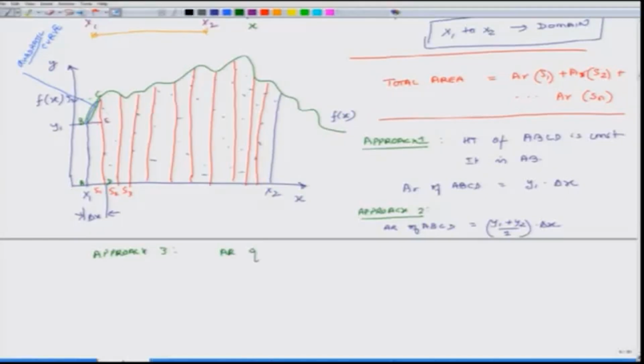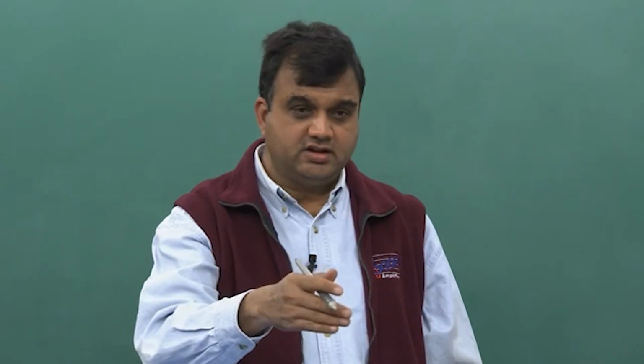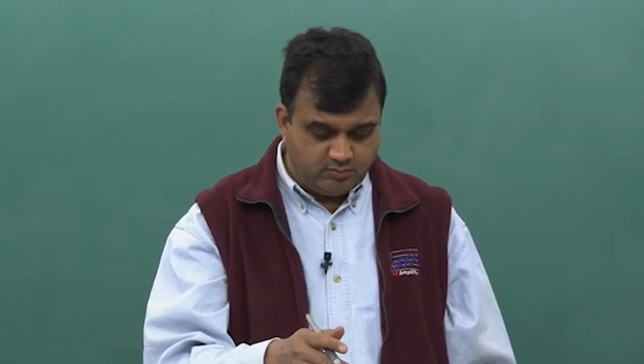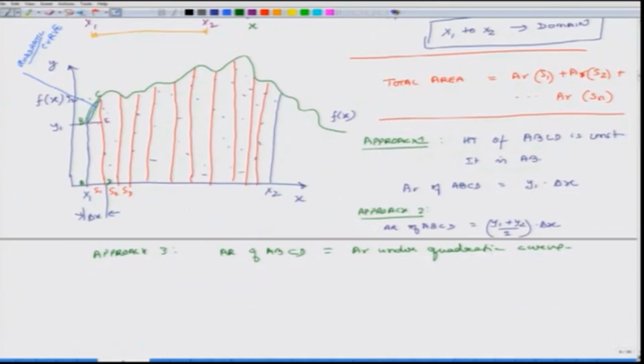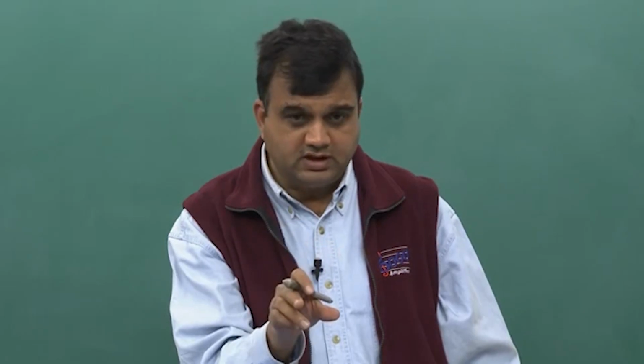So, in approach 3, the area of ABCD is the area under the quadratic curve. Using principles of geometry, I can develop the equation for this quadratic curve easily, and then I can integrate that quadratic equation between limits x1 and x1 plus delta x, and get that area. So, what happened to my error? It went down further.